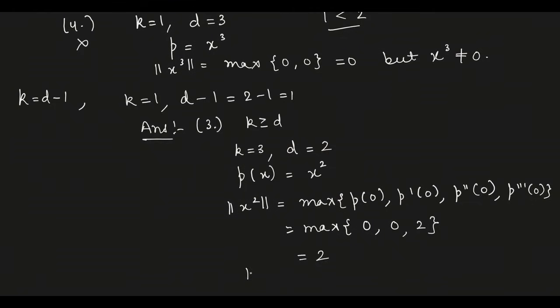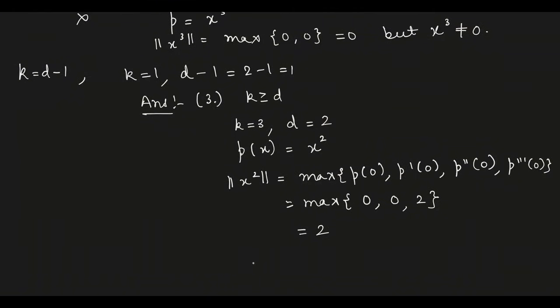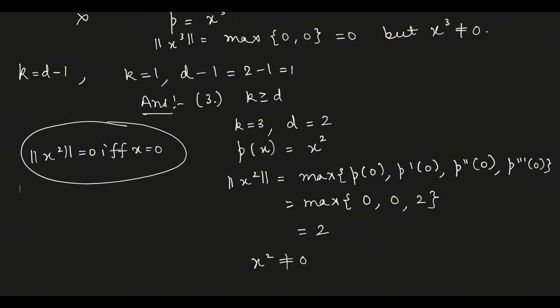Also x square is non-zero, so ऐसे देख सकते हो कि norm of x equal to 0 if and only if x equal to 0, ये दिखाना था। बट अगर इसकी नेगेशन के वे में सोचूं, norm of x is not equal to 0 if and only if x is not equal to 0. ठीक है, so option 3 is satisfied.